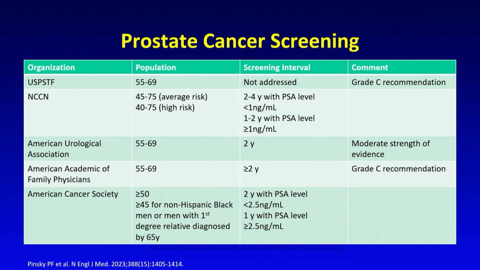That's why the prostate cancer screening is still very controversial, and you have different organizations recommending different things. The USPSTF actually doesn't specifically recommend any screening for prostate cancer, but most other societies recommend some form of PSA screening, and the interval will depend on the initial PSA level and also the risk profile of the patients.